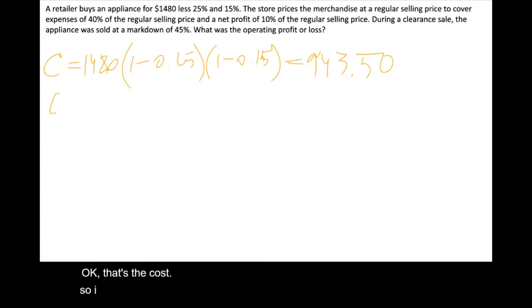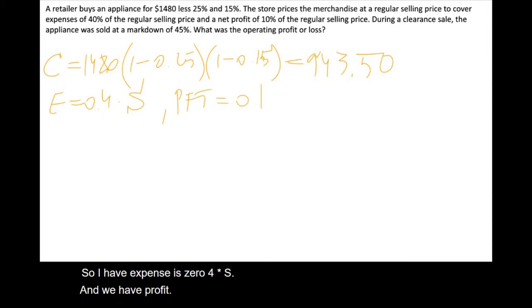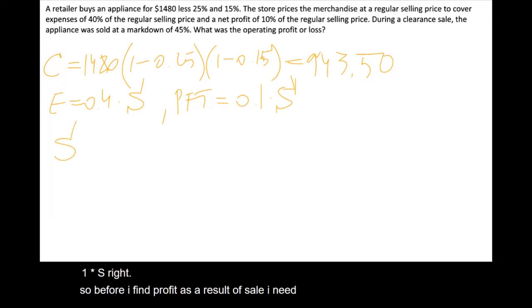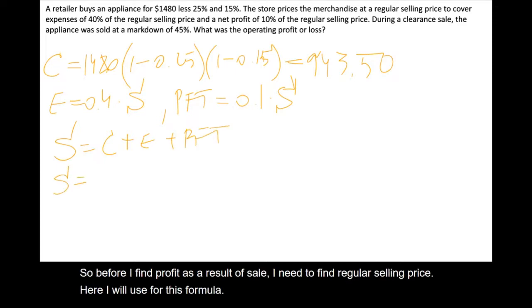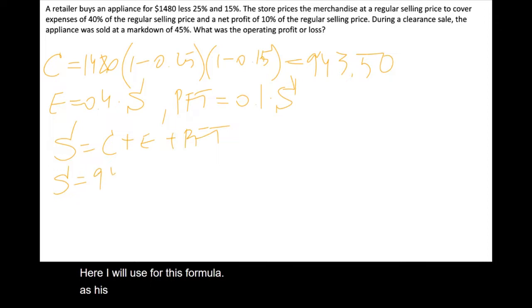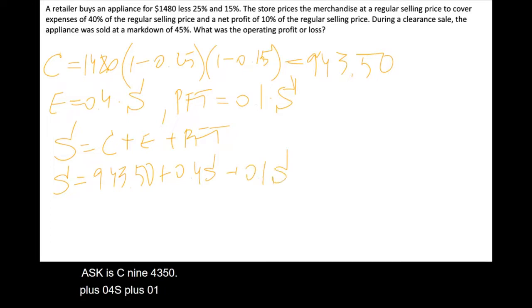So I have expense is 0.4 times S, and I have profit 0.1 times S, right? So before I find profit as a result of sale, I need to find regular selling price. Here I will use this formula. Right, so S is C, 943.50, plus 0.4S plus 0.1S. So I will do steps.